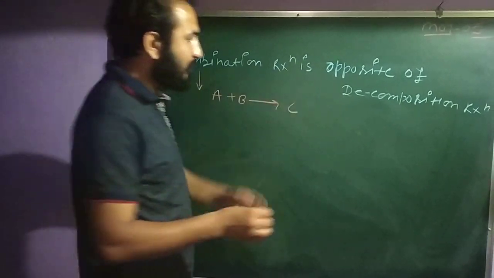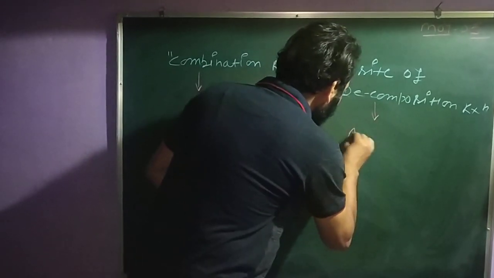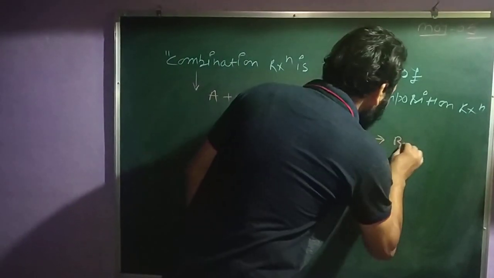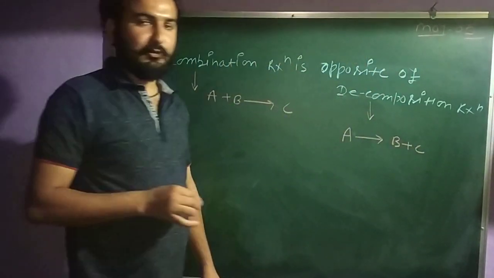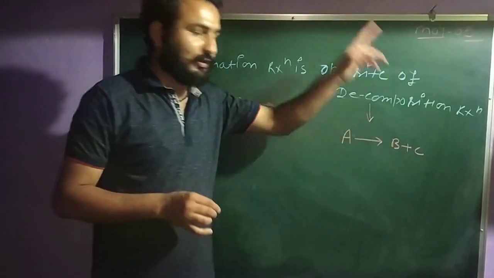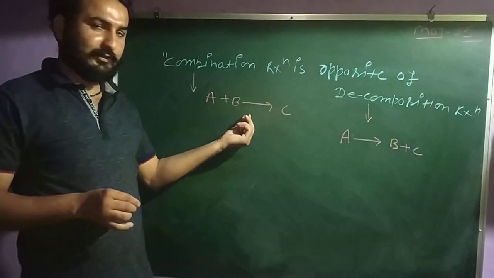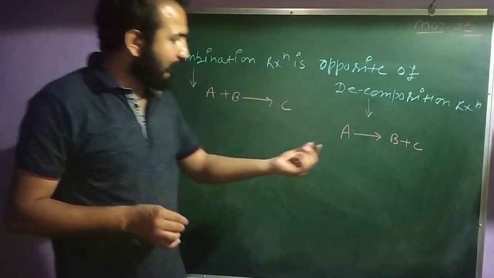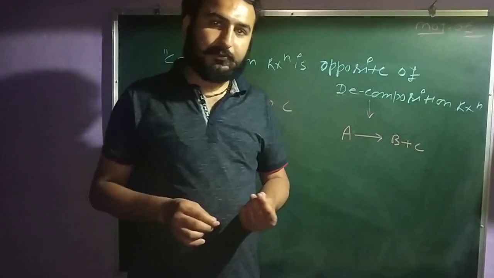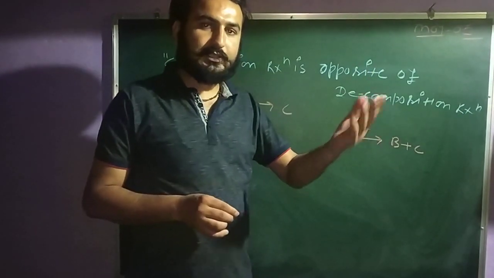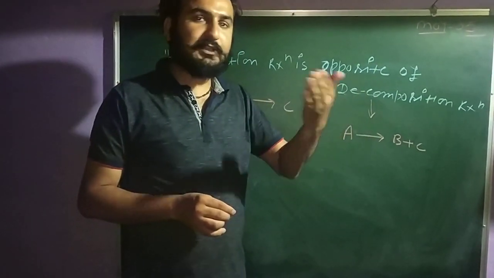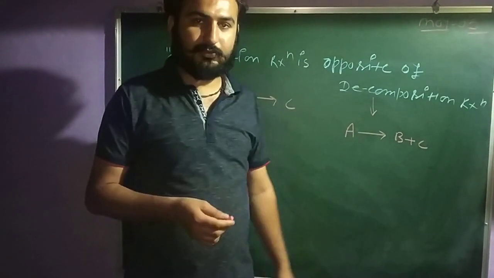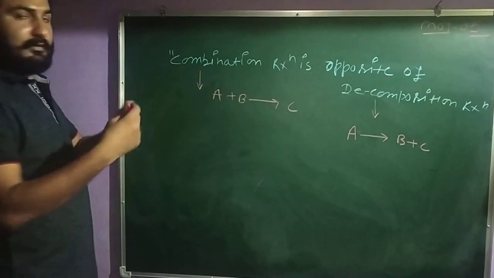And the decomposition reaction is called when a particular compound is decomposed into two or more products. In combination, two or more reactants combine together to give only one product. And here one reactant species is decomposed. It breaks down, it splits up into two or more products. Clear? This is decomposition.